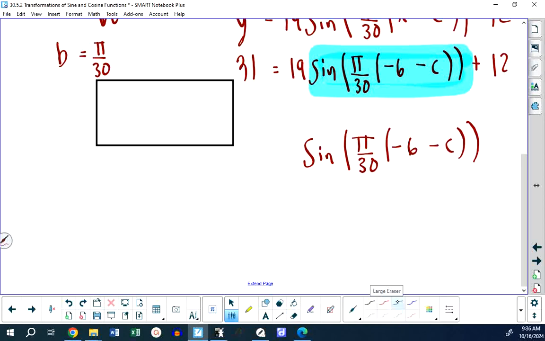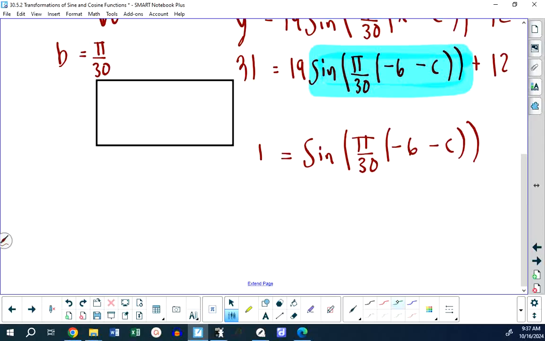And here is what will always happen. This is a question you will see on your exam. You'll probably see it on the diploma exam. This is what will always happen when you get to this stage. The trigonometric ratio will always be equal to 1, negative 1, or 0. And if it's equal to anything else, you've done something wrong, or you've picked a point that's impossible to work with. Okay?